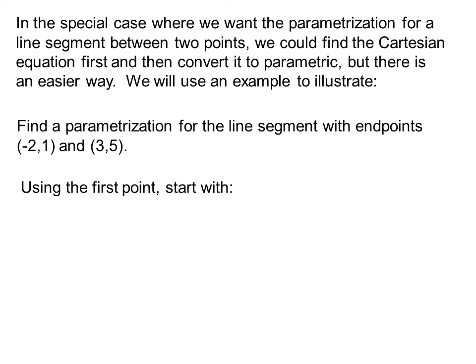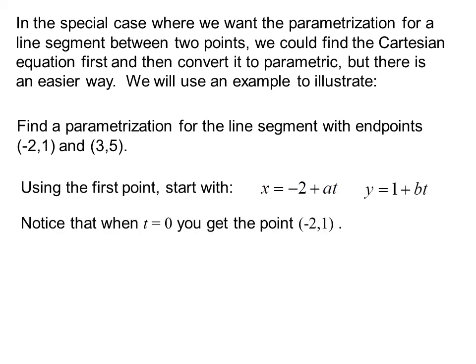Using the first point, start with x equals -2 plus at and y equals 1 plus bt. Notice that when t equals 0, you get the point -2, 1. This term here cancels out, so we get x equals -2, and this term cancels out, so you get y equals 1.